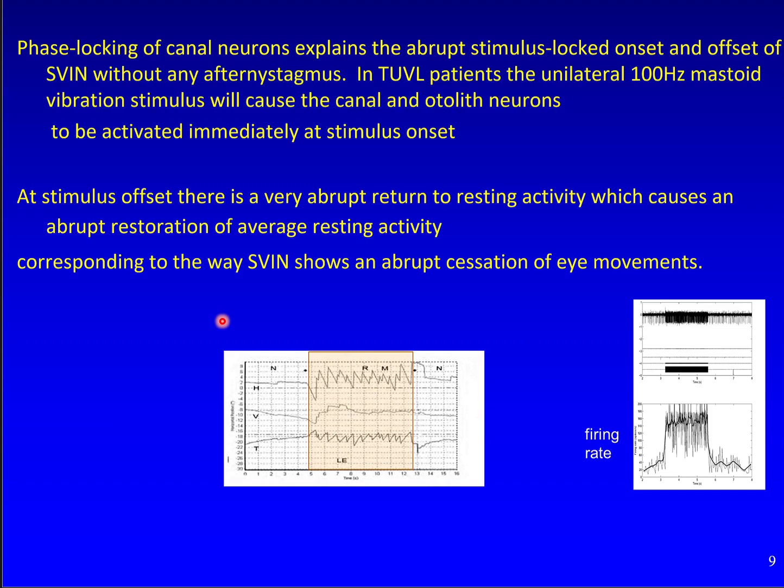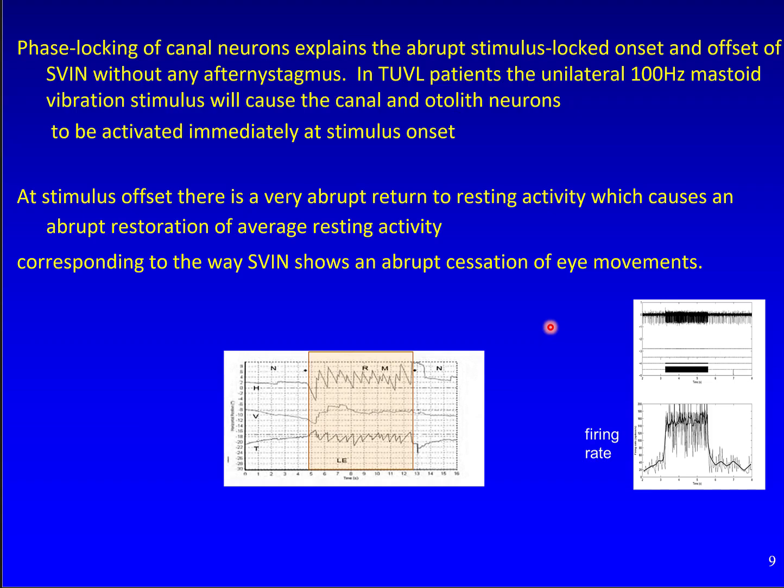That phase locking and activation explains that abrupt onset and offset. Here's a canal neuron, and this is the stimulus here, and you can see when the stimulus is turned on, you get vigorous firing. When you turn it off, it instantly goes back to the resting activity, and this is the plot of firing rate.